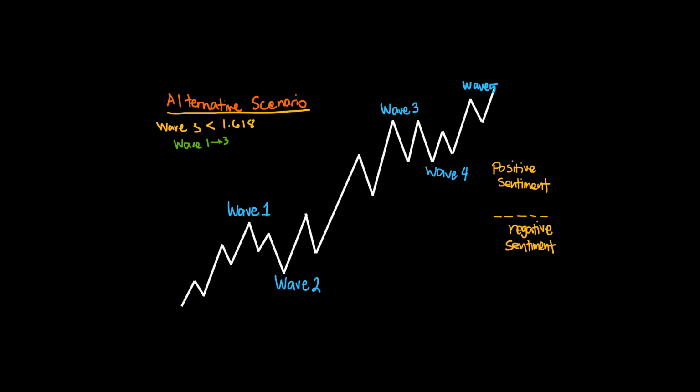If you take that distance, then you will discover that wave 5 will fall between the 0.618 extension to the 1 extension or the 1.618 extension of the distance traveled from the beginning of wave 1 to the end of wave 3.